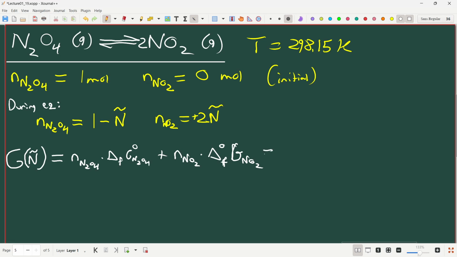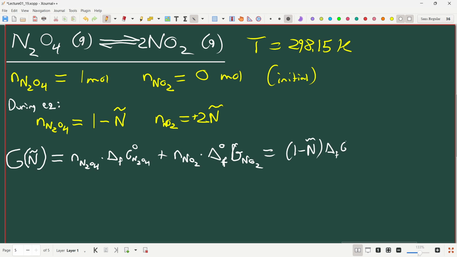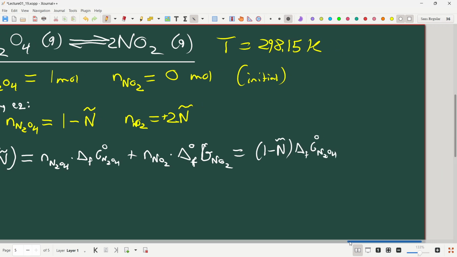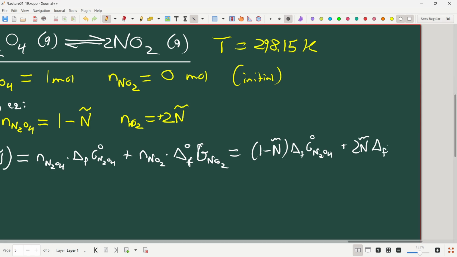Okay? So as a function of n tilde, this looks like 1 minus n tilde times delta f G of N2O4 plus 2n tilde times delta f G of NO2.